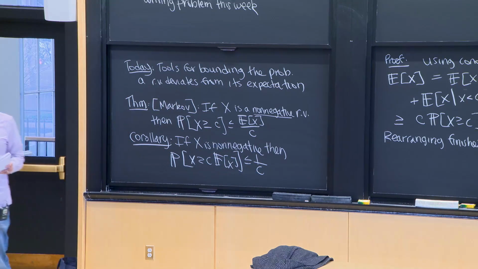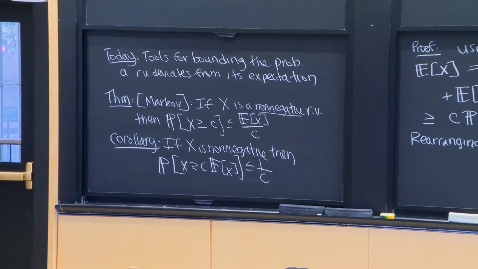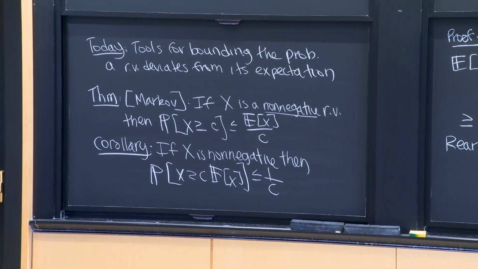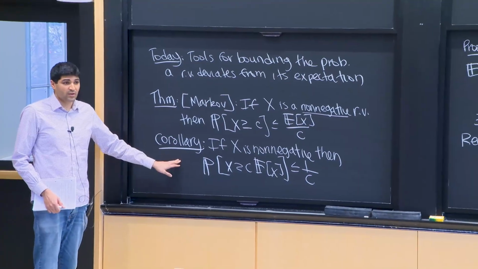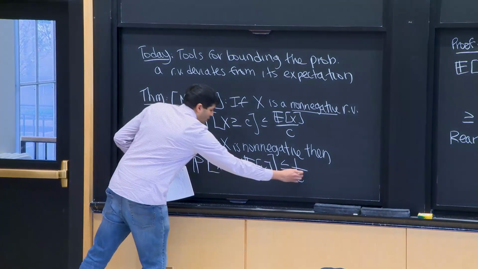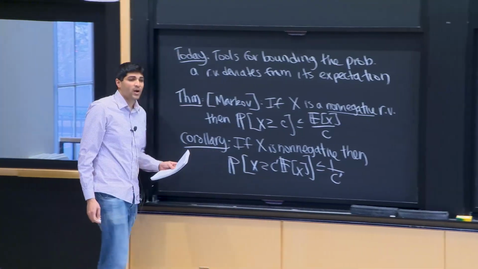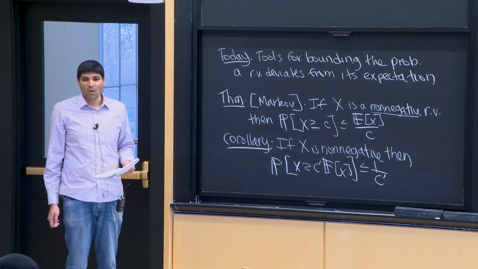Okay, so let me make sure we're all on the same page. So why is this a corollary? How do I get from here, the thing I proved, to here? In fact, let me make it a bit easier. Let me just call this a different constant, c prime. Why is this a corollary?